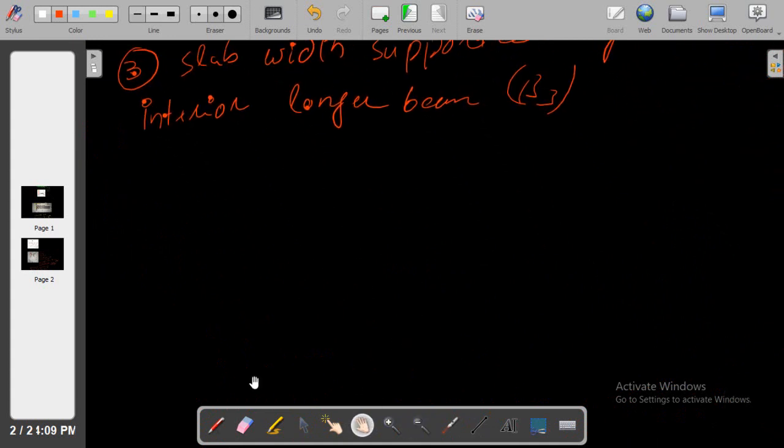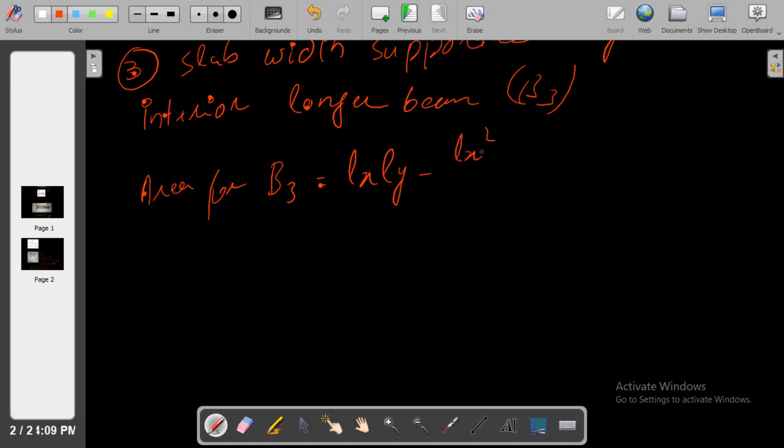Now what will be the equation? The area for B3 supported area will be Lx into Ly minus Lx square divided by 2. And now we need to multiply this with a factor. Why?